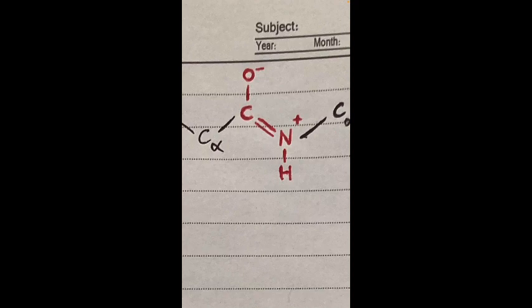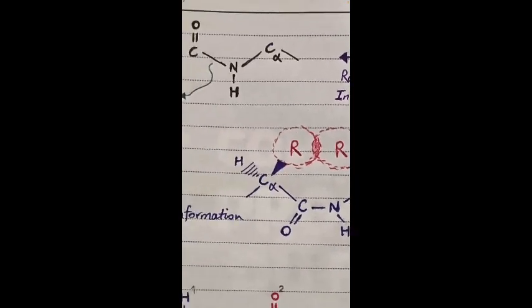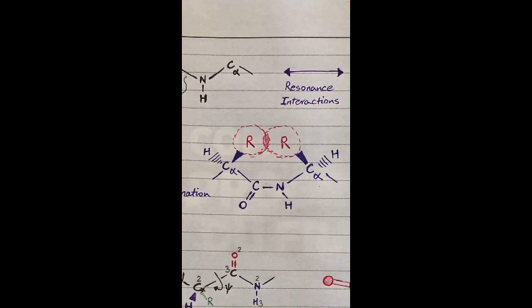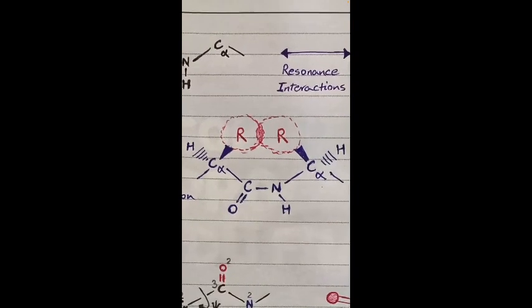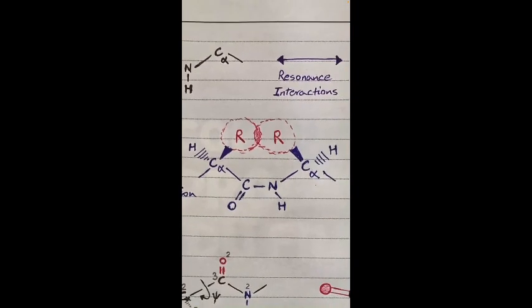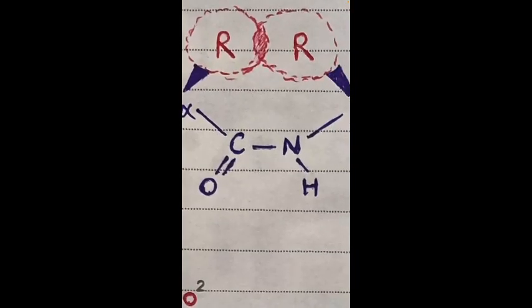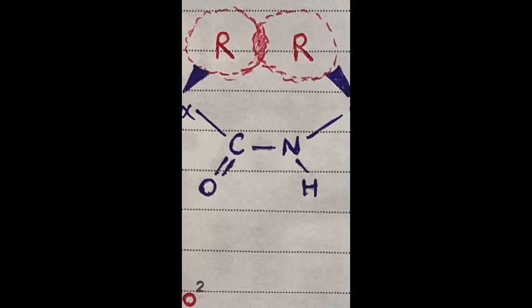For example, this is a cis conformation for one single peptide bond and two amino acids. And as you can see, the two successive alpha carbon atoms are both on one side of the peptide bond, or the oxygen of a carbonyl is on the same side as the hydrogen of the amide.